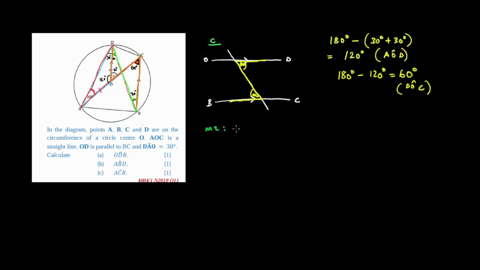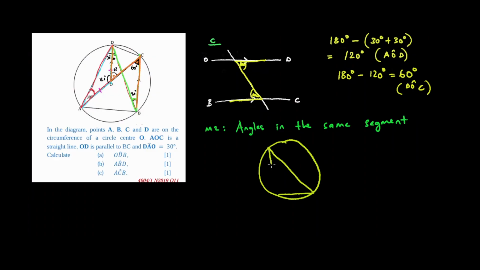is that tinogona kushandisa angles in the same segment. Saka nishandisa angles in the same segment, muchaona kuti if we have angles and tikadai so, then we have a chord panapa, and then we are going to have a situation like this.